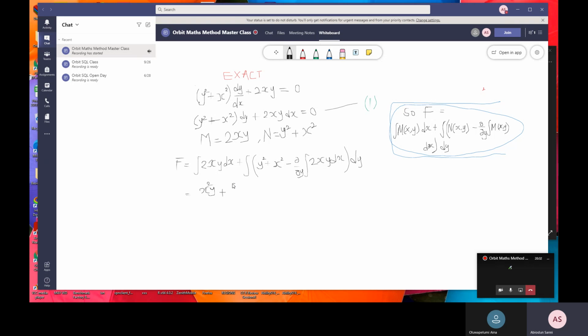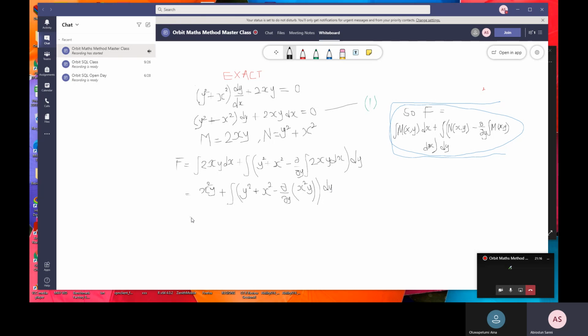I will now have plus the integral of, in bracket, y squared plus x squared, minus the partial derivative with respect to y of the integral of 2xy dx, that's x squared y, then put dy like this.